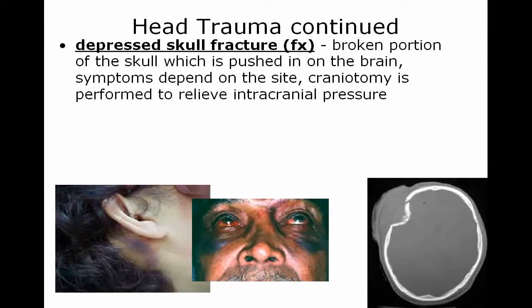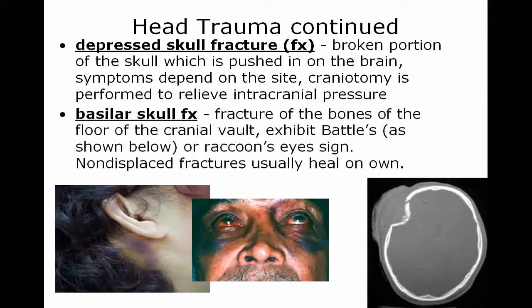Craniotomy is usually going to have to be performed to relieve the intracranial pressure. When we look in the book, the signs and symptoms, maybe the hemiplegia, maybe seizures because of the depressed skull fracture.